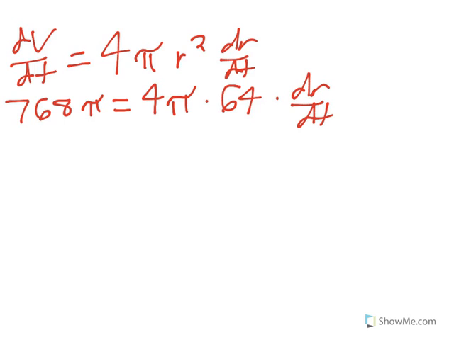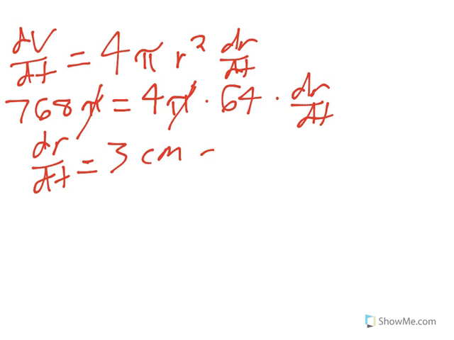So 768 pi equals 4 pi times 64 times dr/dt. We can divide pi by pi on each side, and those will cancel out. Then we divide by 4 and 64, and we find that dr/dt equals 3 centimeters per second, because remember, it's a rate.